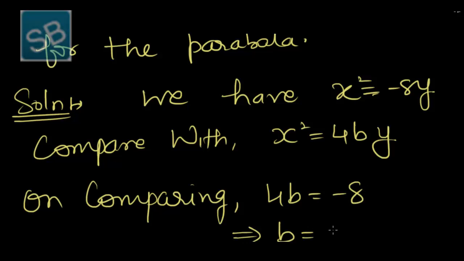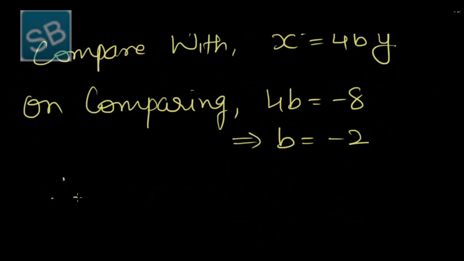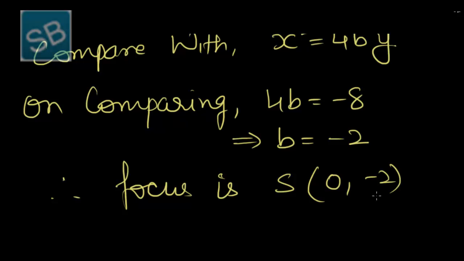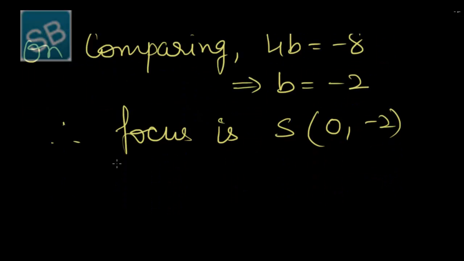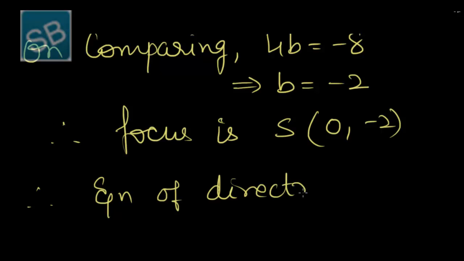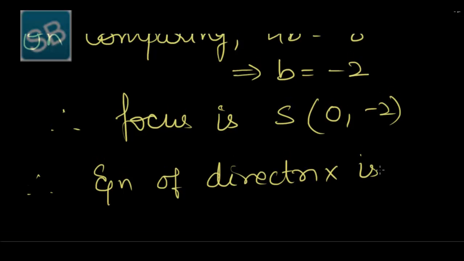That gives b is equal to minus 2. Therefore, focus is S, that is 0, minus 2, lie on negative side of y-axis, and therefore equation of directrix is y is equal to minus b, that is y is equal to 2.